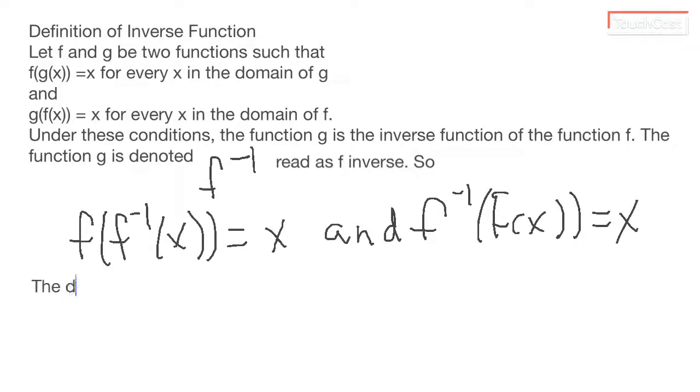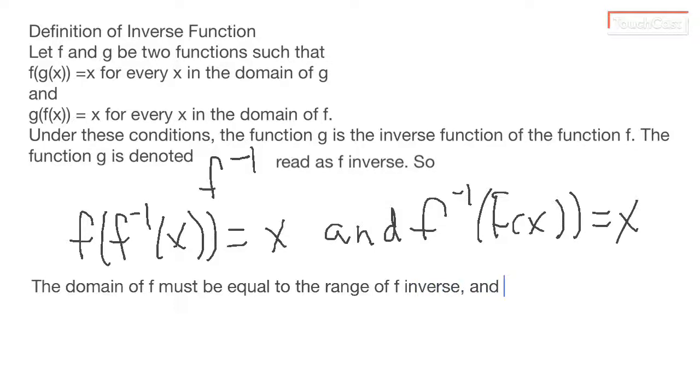And the domain of f must be equal to the range of f inverse. And the range of f must be equal to the domain of f inverse.